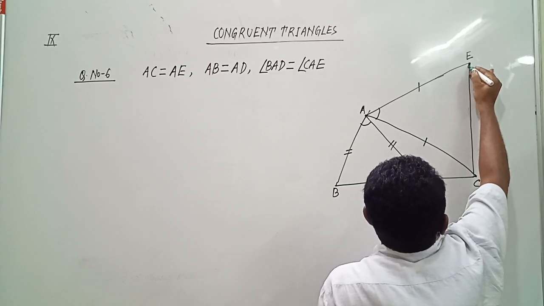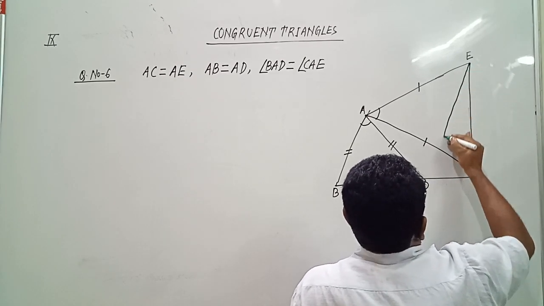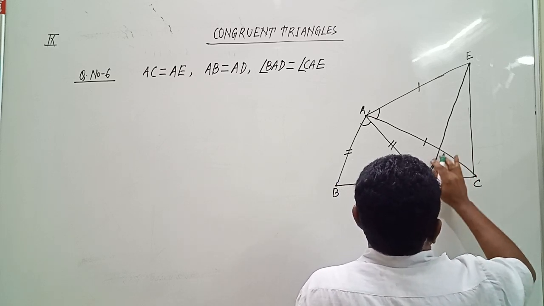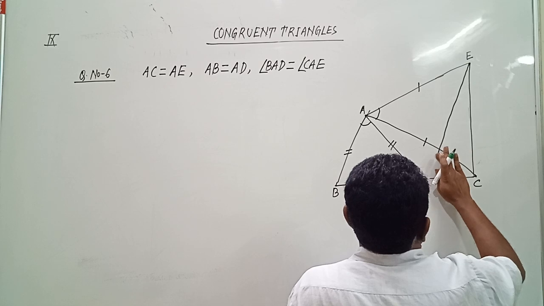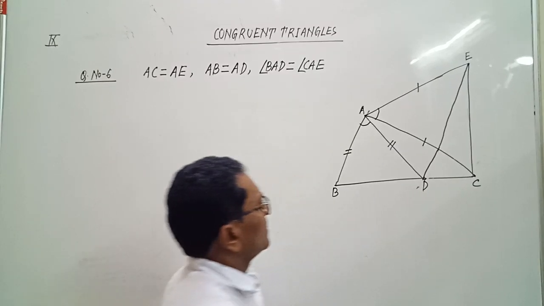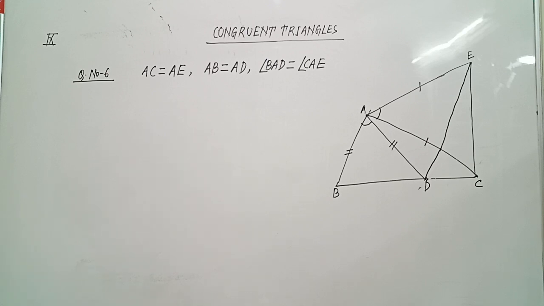E and D are joined. We have to show that BC equals DE.